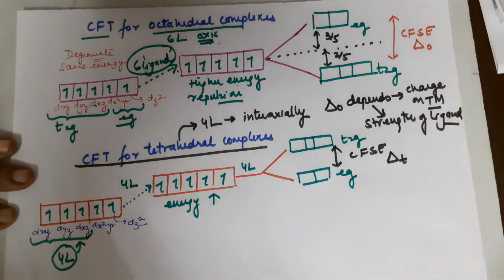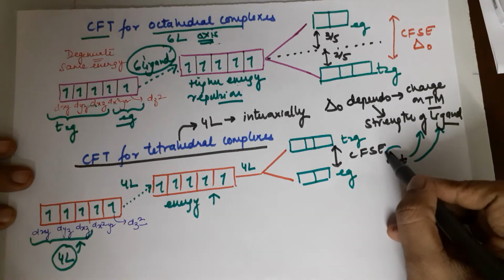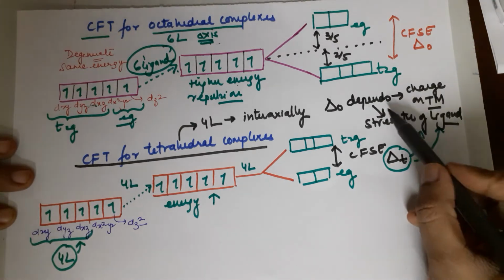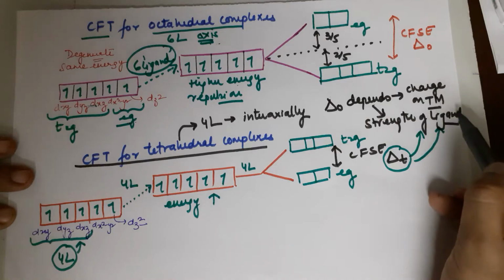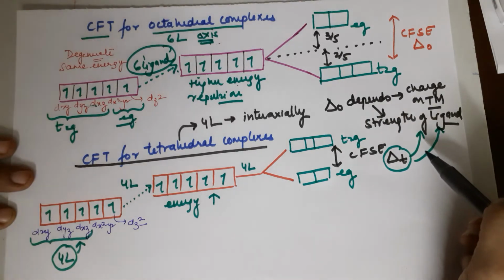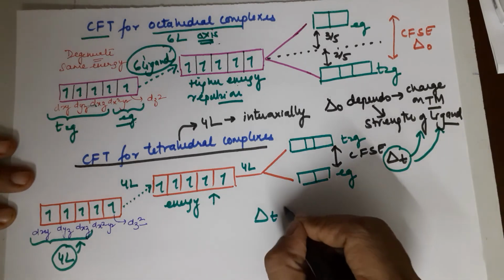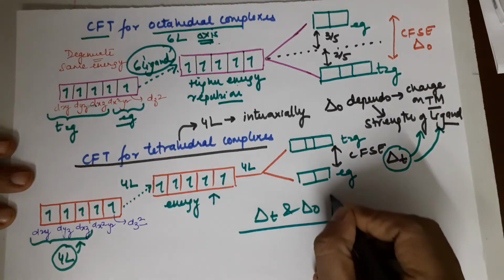Again, both the things are applicable to delta T also. That means delta T also depends on the charge of the transition metal and the strength of the ligand. That means this value will vary again. Also, you should understand that delta T and delta O can be compared.